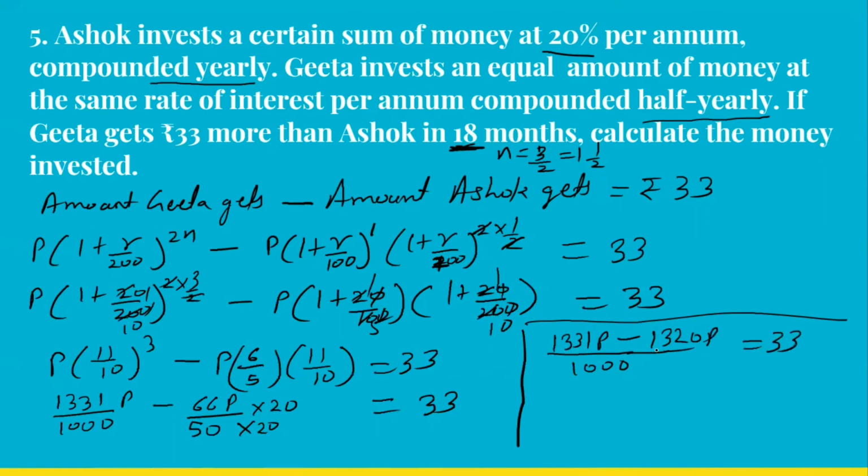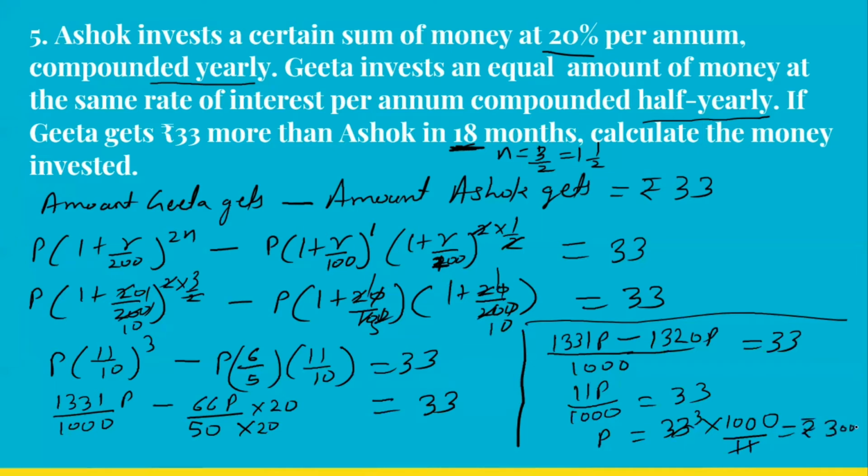So 1331 minus 1320, you get 11 P upon 1000 is equal to 33. So you get P is equal to 33 into 1000 upon 11. So 11 threes are 33. So this is how you get the principal as rupees 3000.